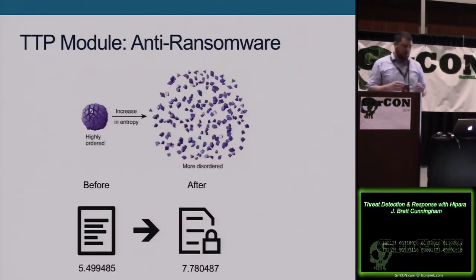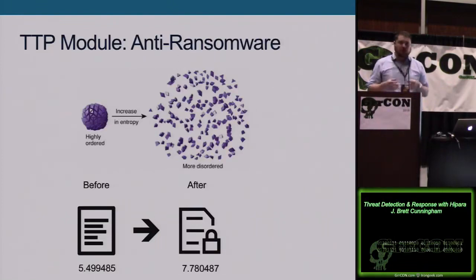So by using entropy, we're able to see that there's a huge difference in the randomness and the order of the file. Using the Monte Carlo and chi square algorithms, we're able to tell the difference between a compressed file and an encrypted file.